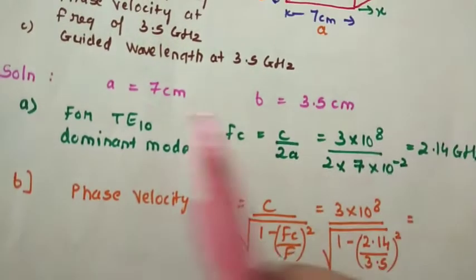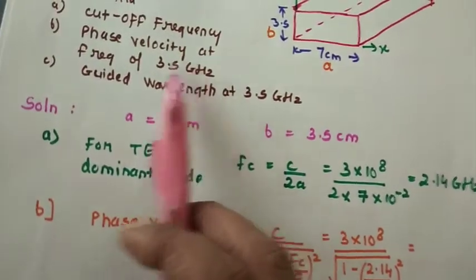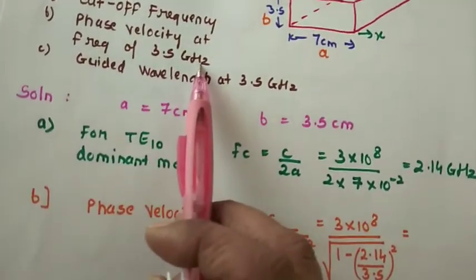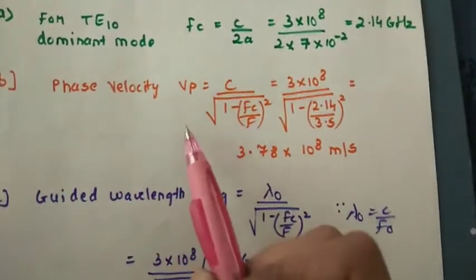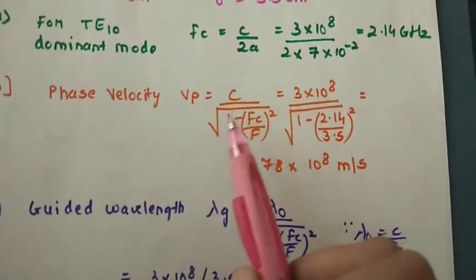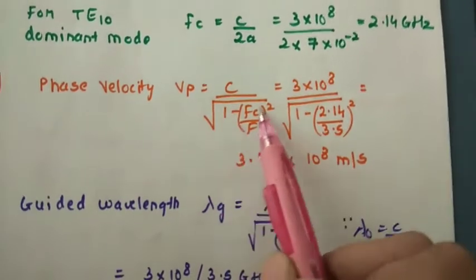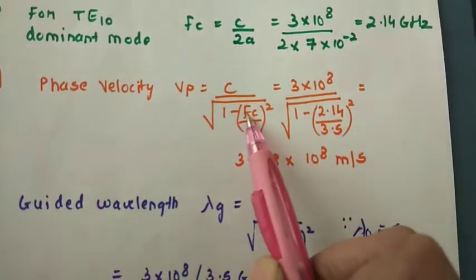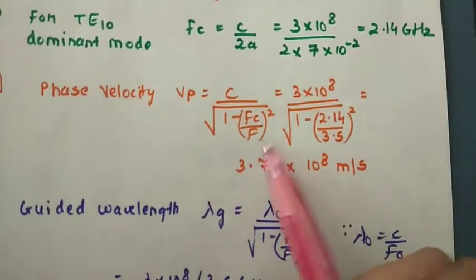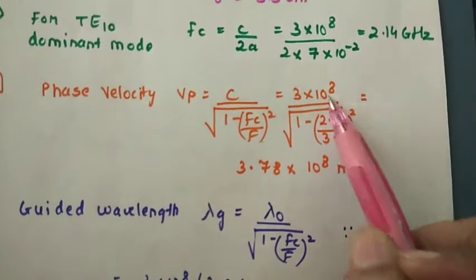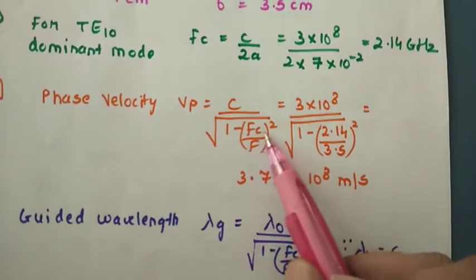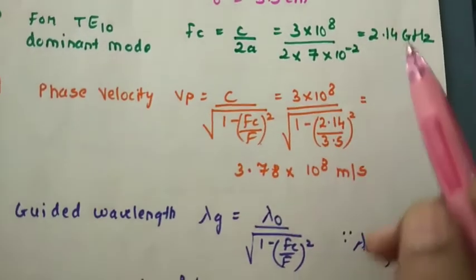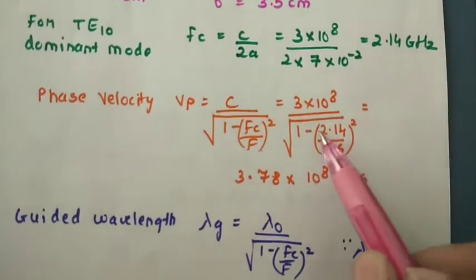Now next is the phase velocity at frequency 3.5 gigahertz. Now the formula for phase velocity, as you already know now, is C upon square root of 1 minus (Fc upon F) square. So substitute the value of C. You have already calculated the Fc, that is cutoff frequency, that is 2.14 gigahertz.